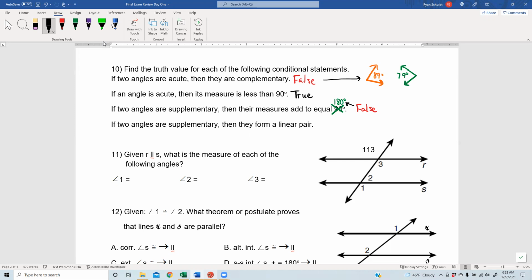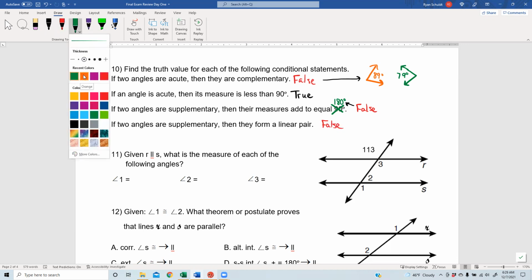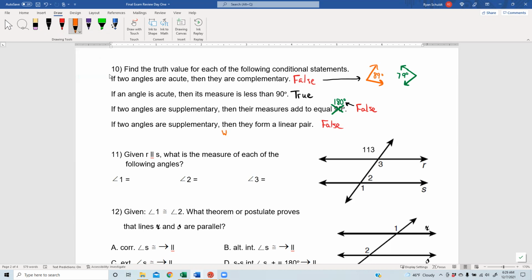If two angles are supplementary, then they form a linear pair. Do they have to form a linear pair? No. It's false. The reason it's false is we could have non-adjacent angles.